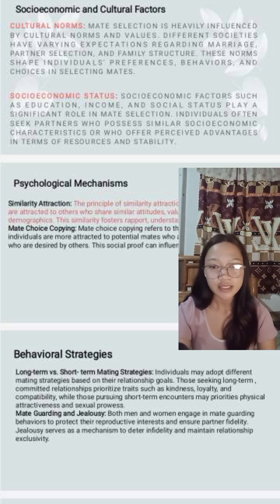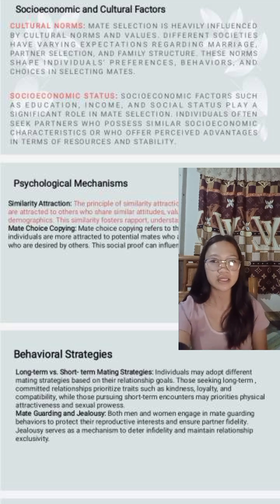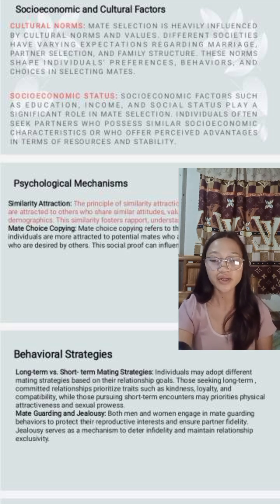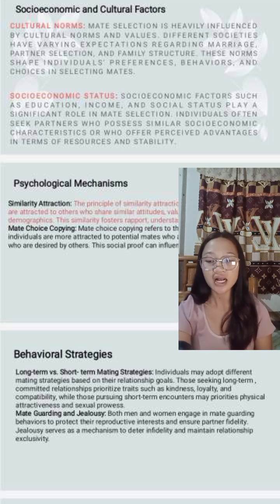Pero there is short-term strategies or short-term mating strategies, ang more on naka-focus nila sa physical attractiveness, like pagkita nimo gwapa siya, go na dayon. So that is the short-term mating strategies.